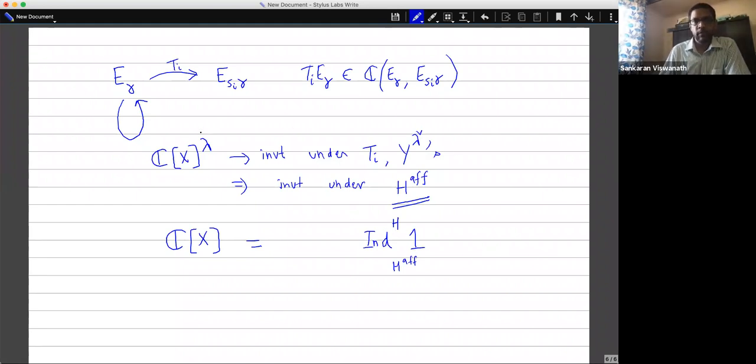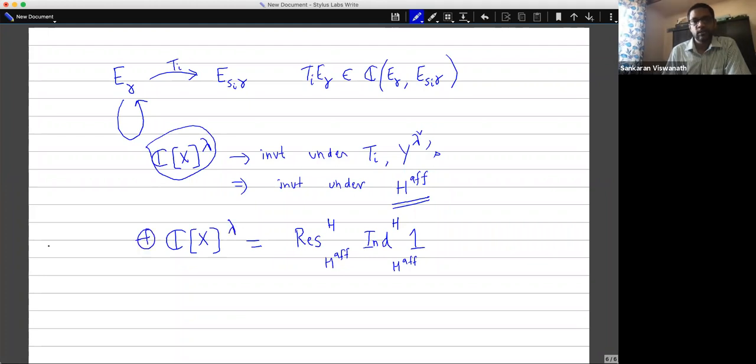And now what we are noticing is that there are these subspaces here, which are submodules of this polynomial representation. So in other words, now think of this guy and restrict it back to H affine. So think of it as a module for H affine. And then what we are doing is saying, well, here are some obvious submodules.